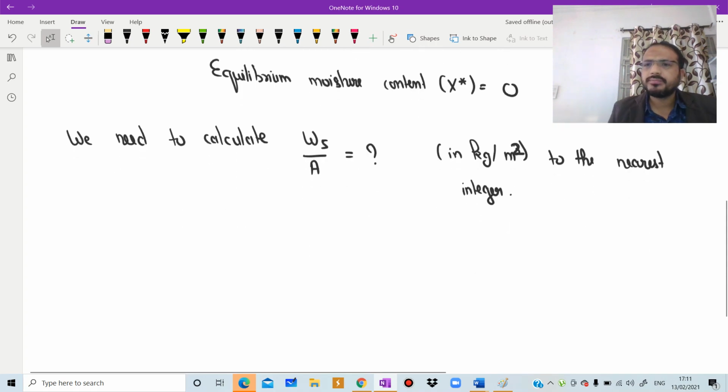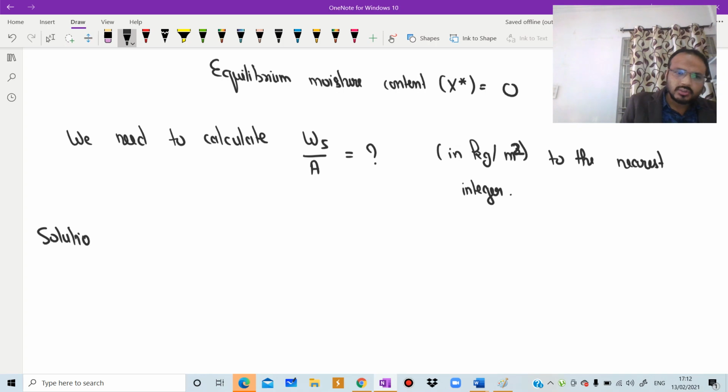Most of the students are from our classroom, so they know that this question is directly from our classroom. I told a shortcut to solve such kind of question, and you will get this 2 marks question very easily.